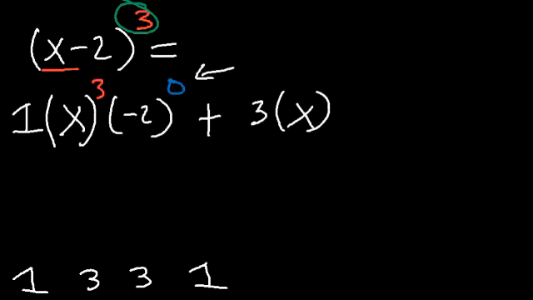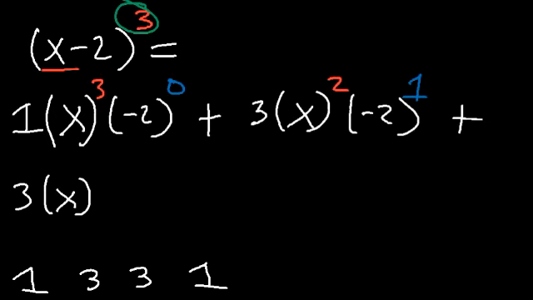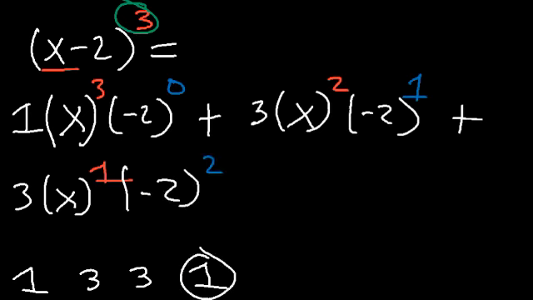Now the third term will have a coefficient of 3. And then the exponent associated with x is 1, and the exponent associated with negative 2 is now 2. And then the last term will have a coefficient of 1. x will have a power of 0, and negative 2 will now have a power of 3.